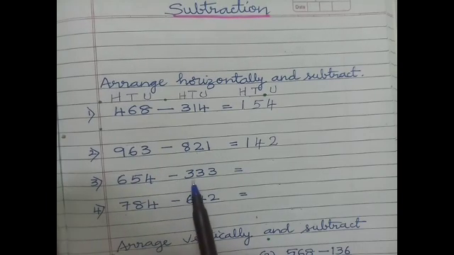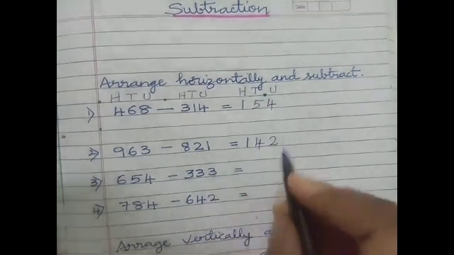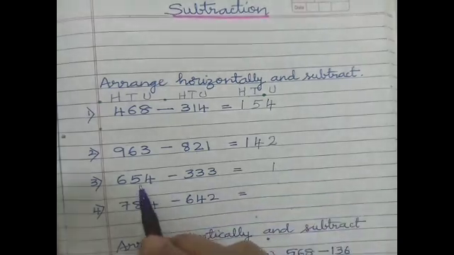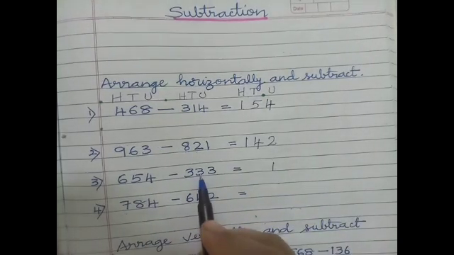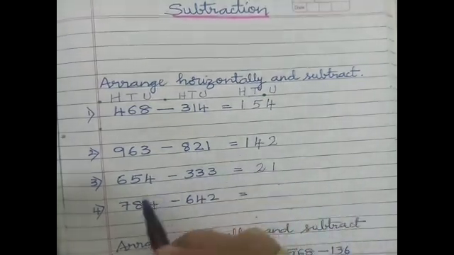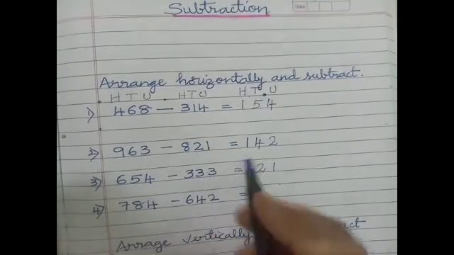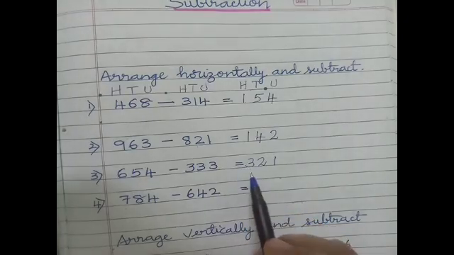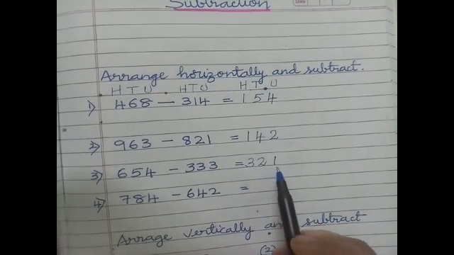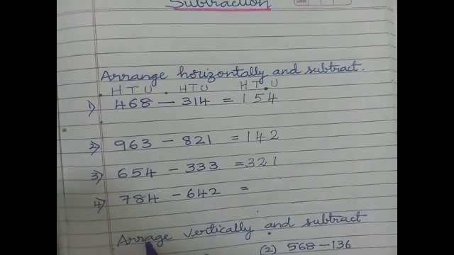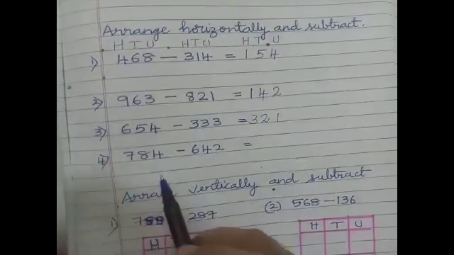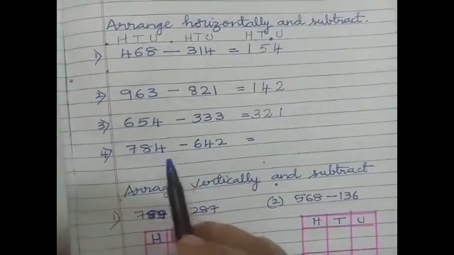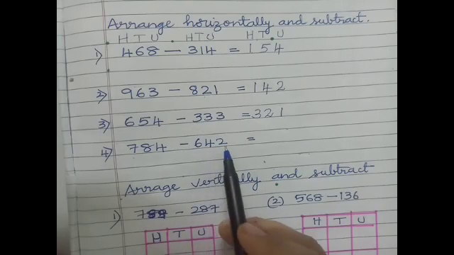In a similar way, 654 minus 333. Here 4 minus 3 is 1. 5 minus 3 is 2. And 6 minus 3 is 3. So that is how we got the answer 321. Look at the next sum. 784 minus 642.